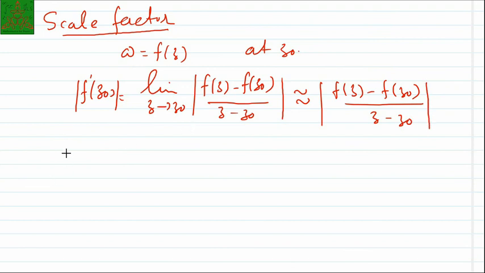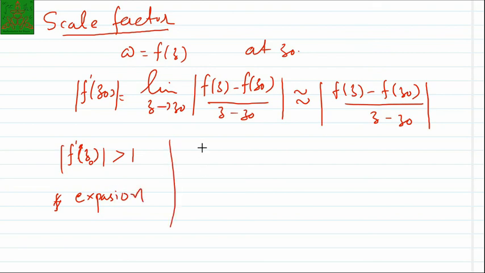So this represents that if modulus of f dash of z0 is greater than 1, then there is an expansion. So here is the expansion of the figure in its image. If modulus of f dash of z0 is less than 1, then it is a contraction.